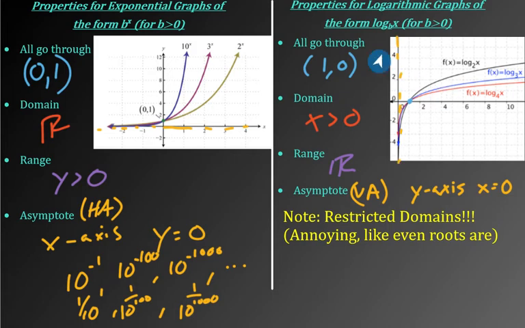And this stuff right here should imply a very important thing to you. So whenever we get to the point where we're solving log equations, we are going to have to be worried about that domain, just like even roots. Even roots, they could equal 0. Here you can't even get them to equal 0. They have a cutoff in the x, but with even roots, they kind of looked like these, but they didn't actually go down here.